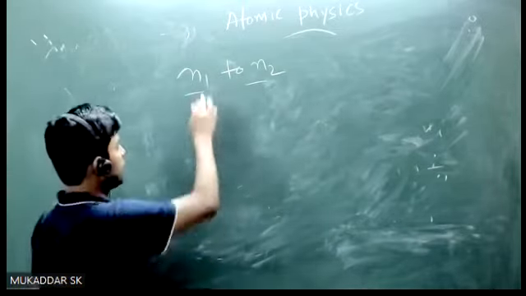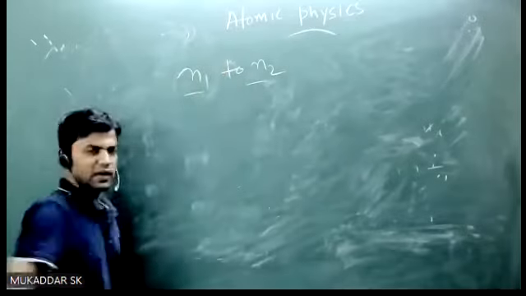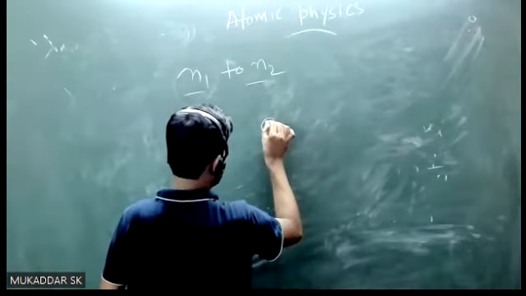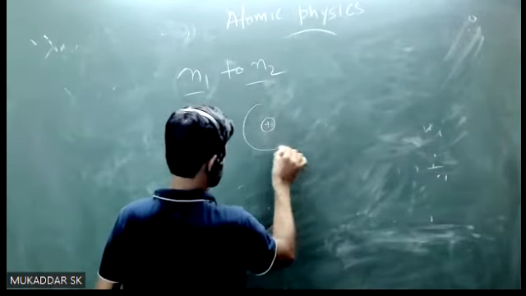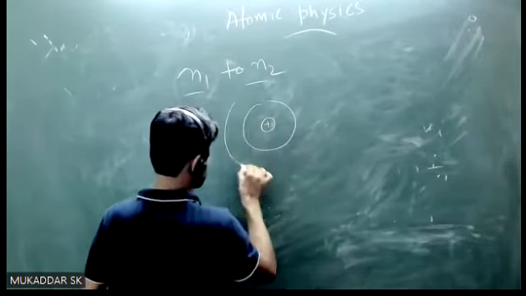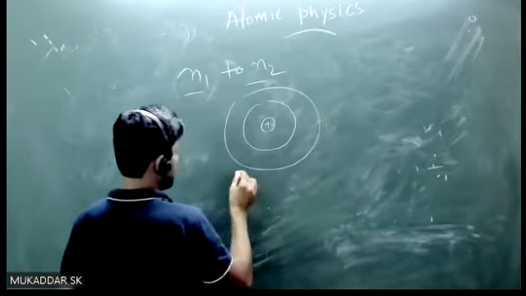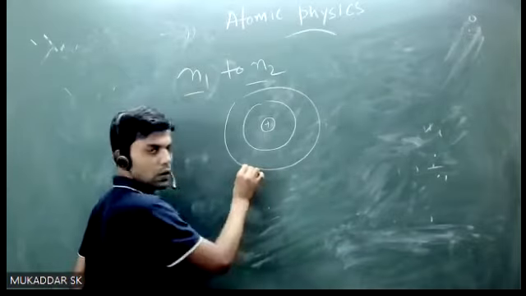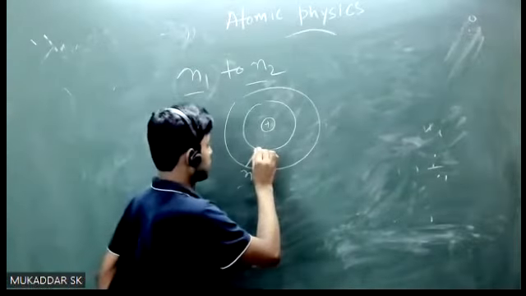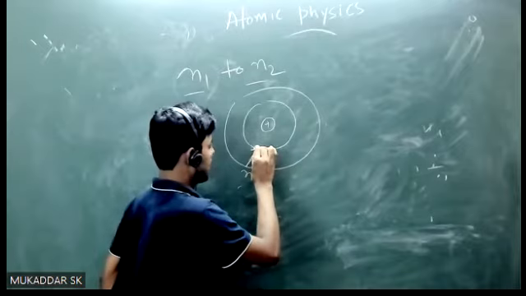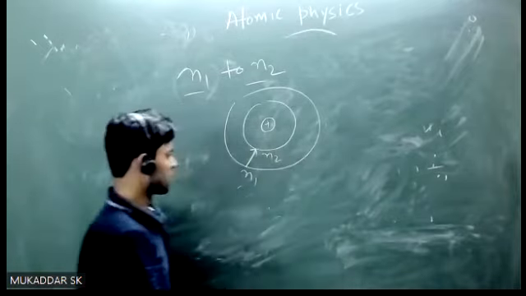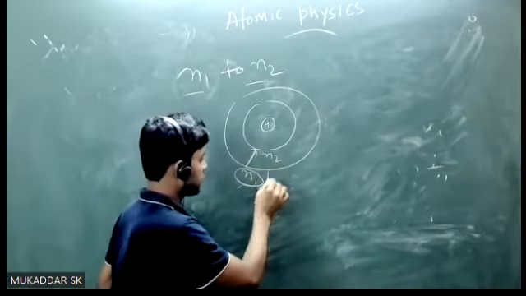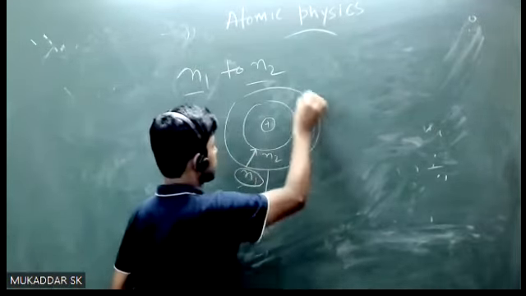So the initial orbit means n1, right? So what is happening? Suppose you have a nucleus, and the electron is initially at n1 and makes a transition to n2. For this initial state, the time period of revolution means the time it takes to complete this orbit.